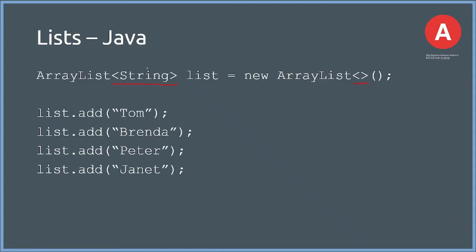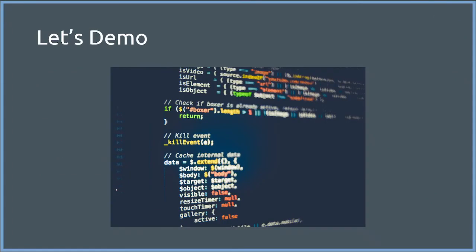You would just change the data type declaration from string to maybe int or char, etc. You can see there that I'm then adding things to my list here with list.add, and then I've put Tom, Brenda, Peter, Janet. I could also remove them, so list.remove. I could find the size, I can do all sorts. Let's have a look at the demonstration and you'll be able to see how this goes together.